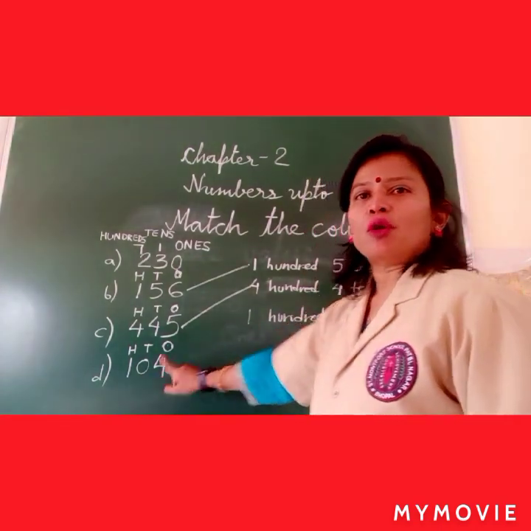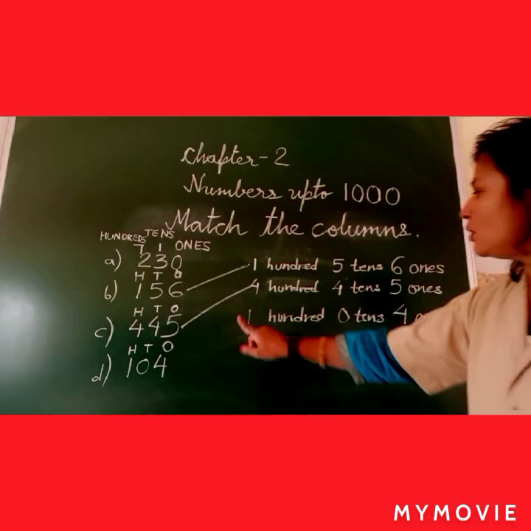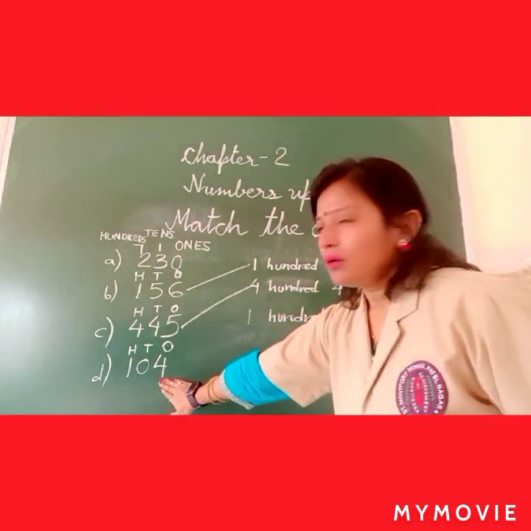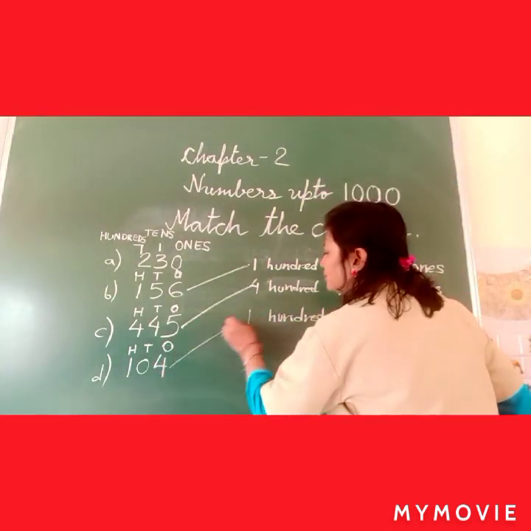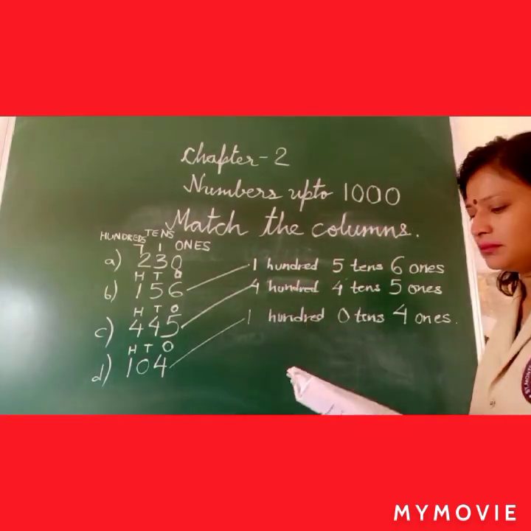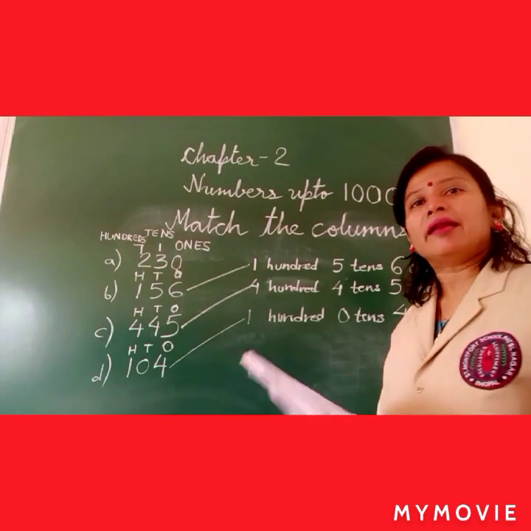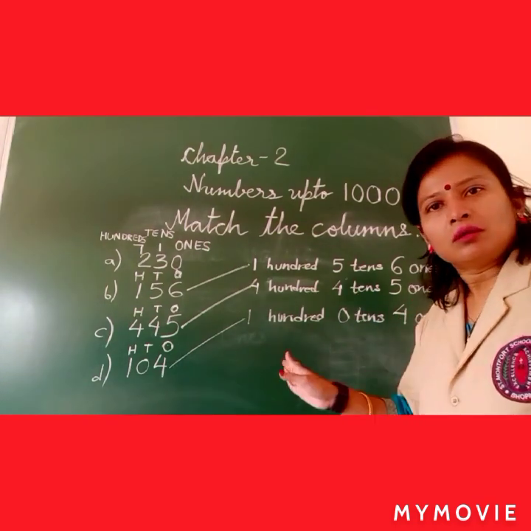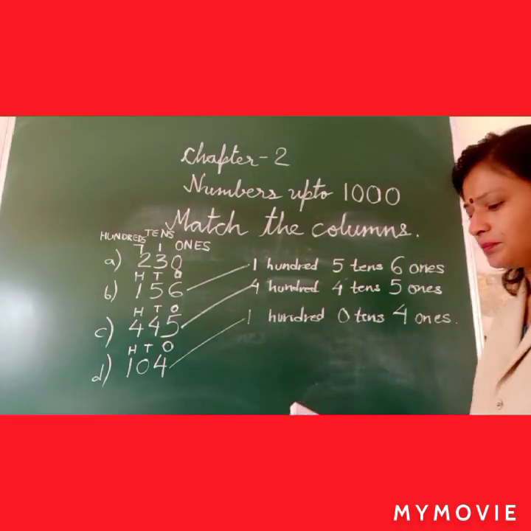The place value of 4 is ones. So we will match 104 from the answer. It's very easy. Just see the numbers and its place. You will join the correct answer from the column B.